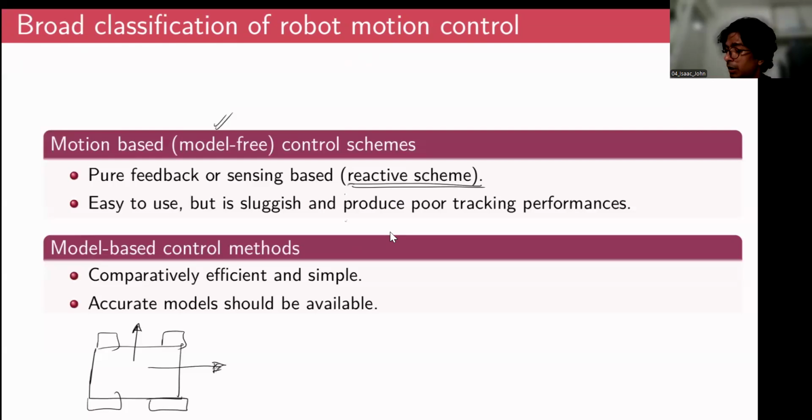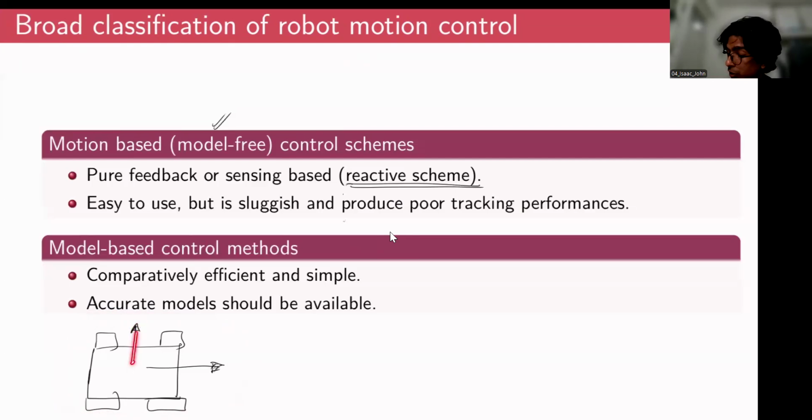If we actually modeled this robot, we could make use of the fact that it has an inertia along the lateral direction. So, we probably require more control effort to move in this direction.